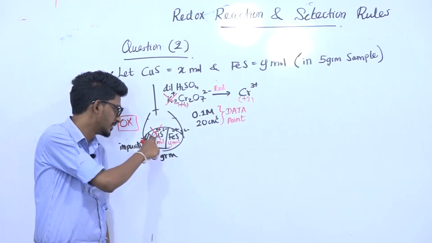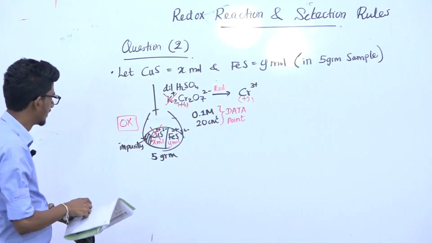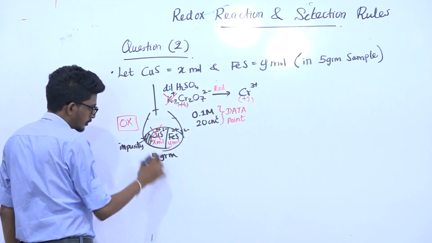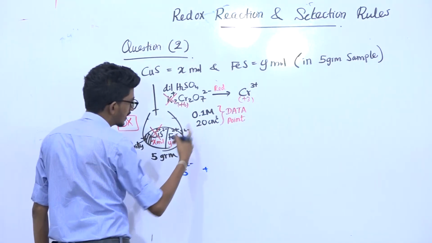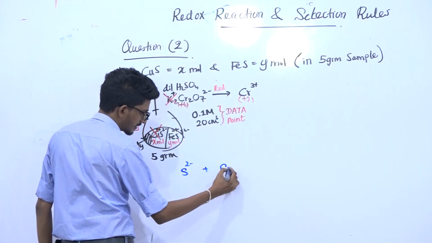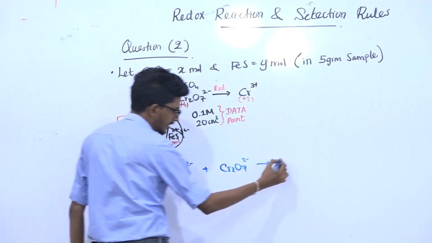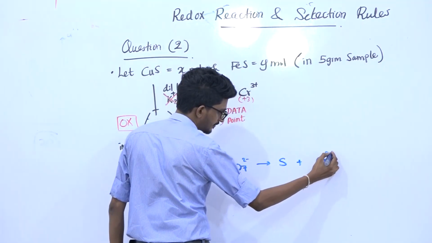The first is the copper sulfide, the reaction with the dichromate. Out of copper sulfide, only the S2- will be written, because only where the change occurs is written when coming up with ionic reactions. So this is the first equation: S2- oxidizes to sulfur, and dichromate goes towards Cr3+.